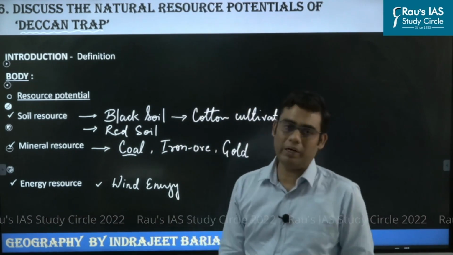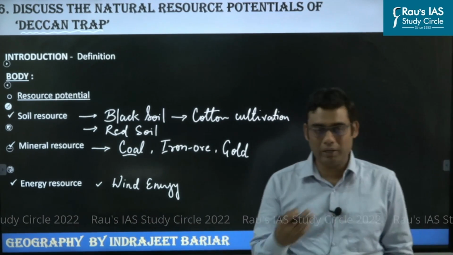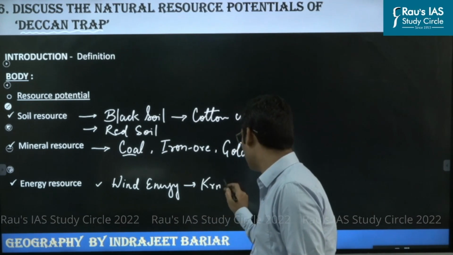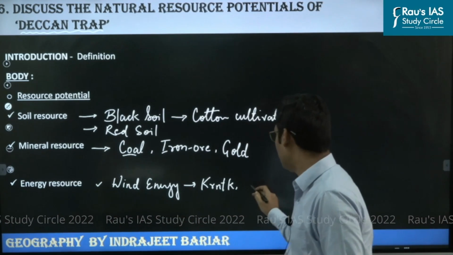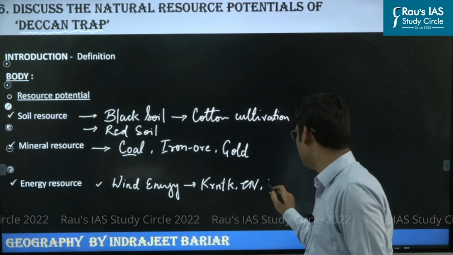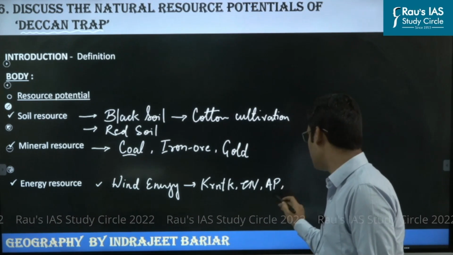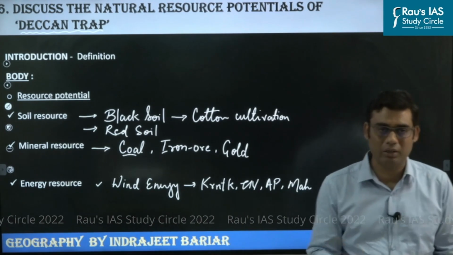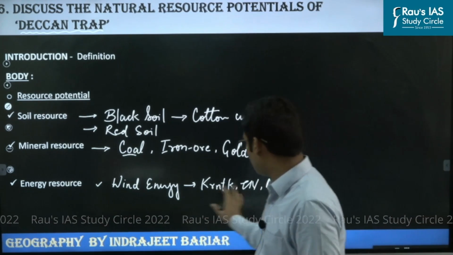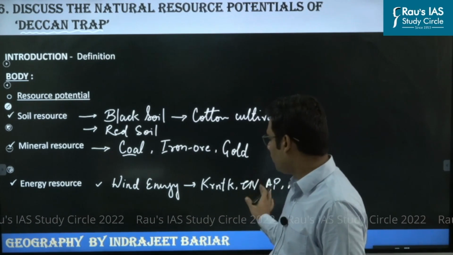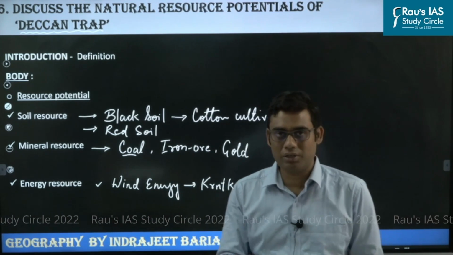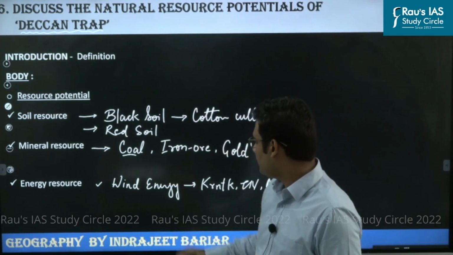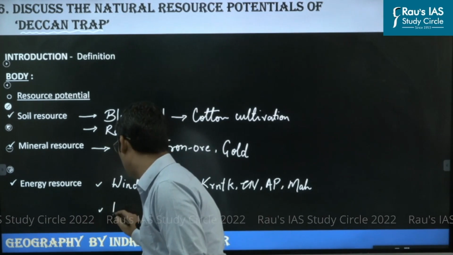In terms of wind energy, the states including Karnataka, Tamil Nadu, Andhra Pradesh, as well as Maharashtra have been identified very clearly as regions with very high potential for wind energy generation, because these are identified as the windy states. So wind energy is one such aspect you can talk about.